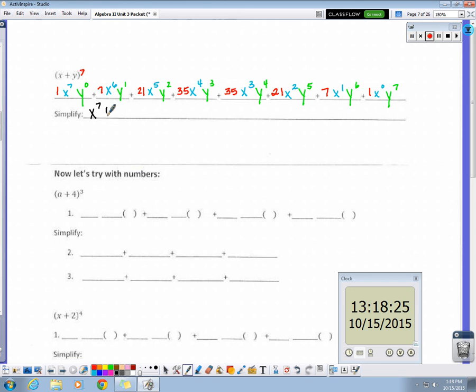Then moving on to the second term. I have to write the 7x to the 6th, but when I write y, I don't have to write the first power. It's understood. Then plus, for the next few terms, the next 4 terms, you have to write all of that. Nothing would be understood if you didn't write it.